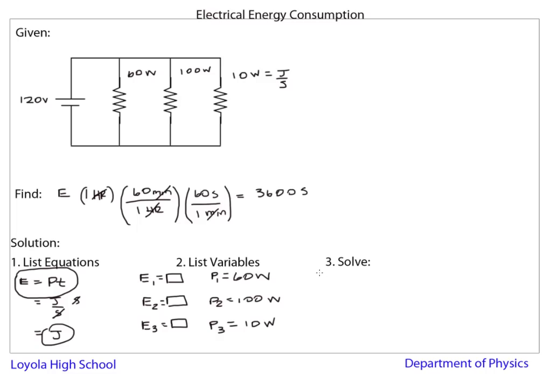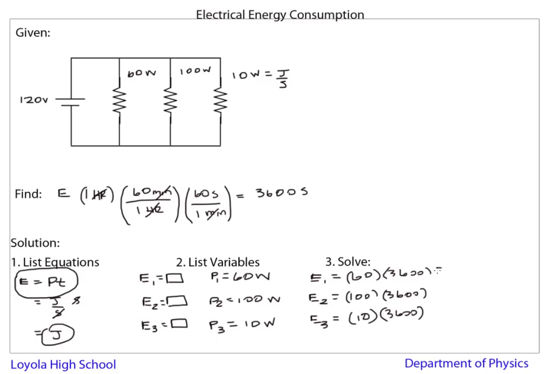So for the solve part, I'm going to calculate each energy and add them up. Energy 1 is going to be the 60 times the time, which is 3,600 seconds. Energy 2 is going to be 100 times 3,600 seconds. And then energy 3, our energy efficient light bulb, is going to be 10 times 3,600.